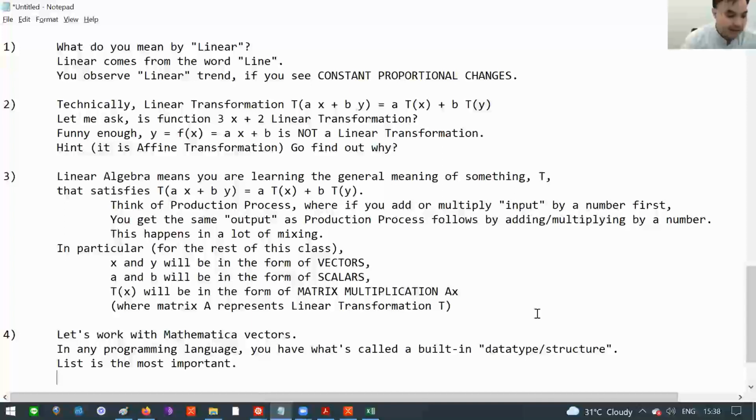Now, in Python, I think you use this square bracket, but in Mathematica, you use something like this. It's the most important. Okay?